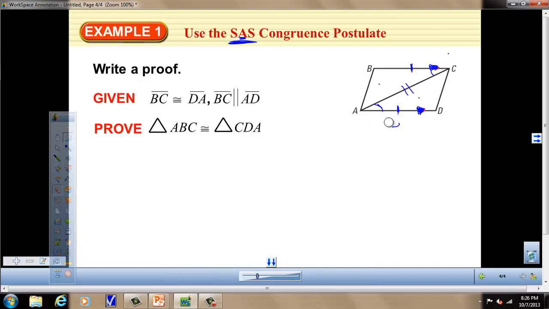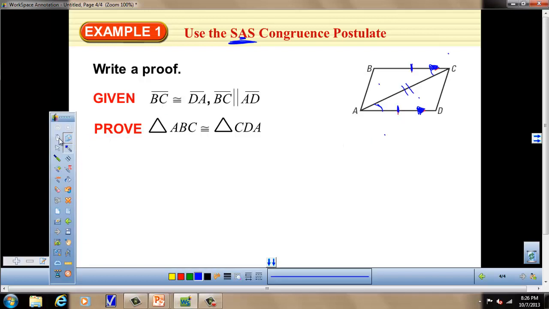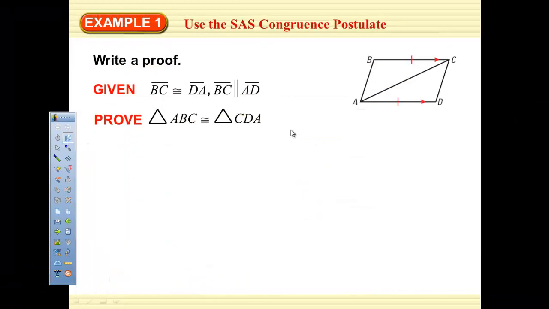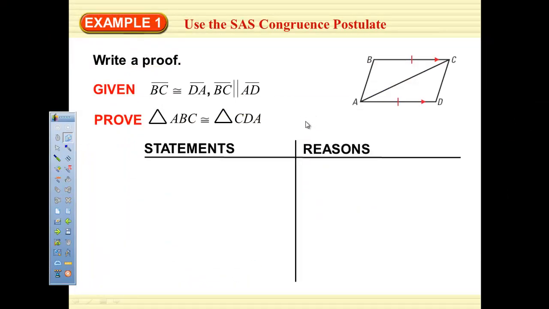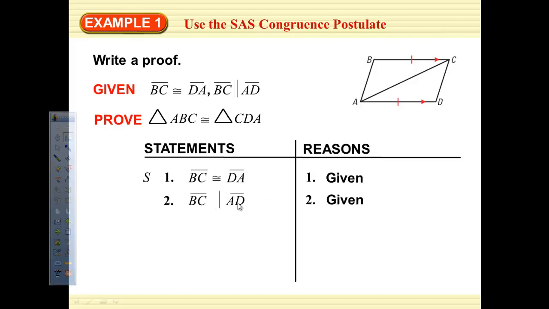So we have enough to do our proof now, so we're going to do that rather quickly. We have our statements and reasons. Our first statement gives us our given, which is that BC and DA are congruent. Then we have that BC and AD are parallel, which is also given to us.